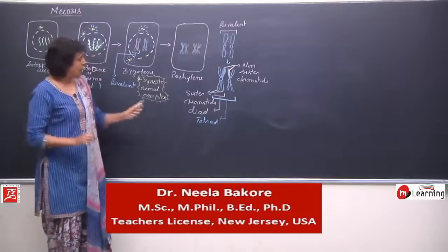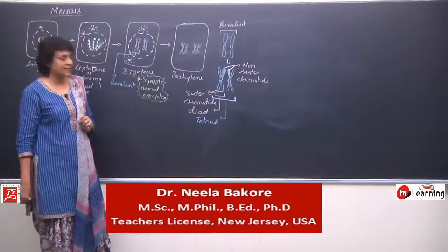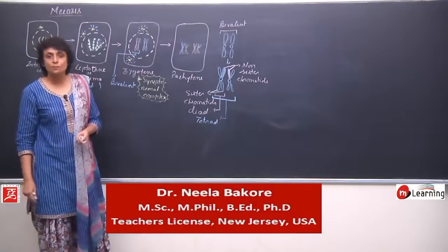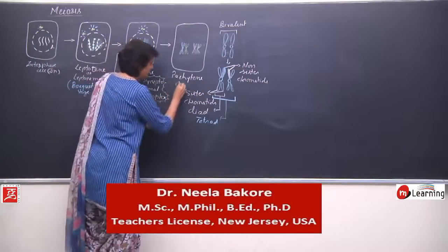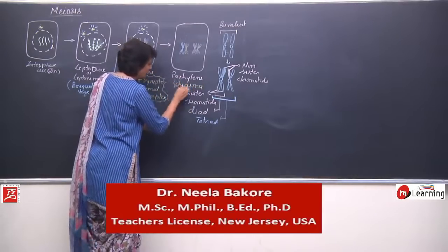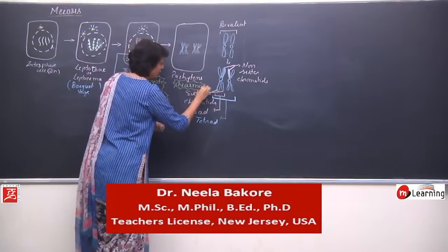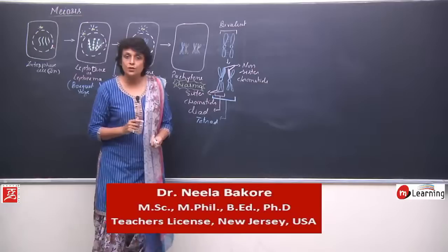Towards the end of pachytene, one more change takes place. It is known as chiasma formation. So in pachytene, chiasma formation takes place. What is chiasma? Chiasma is a cross between the non-sister chromatids.